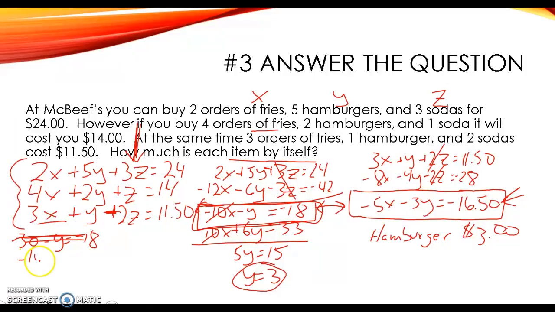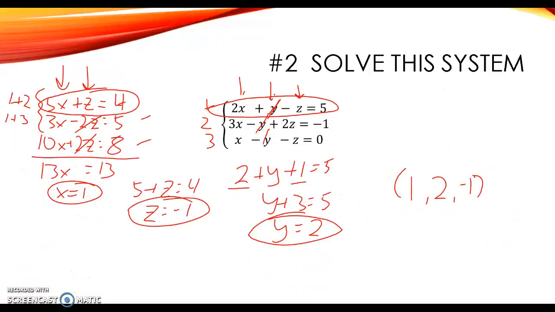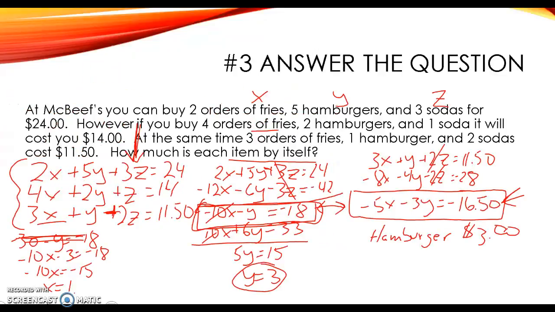So I'll have a negative 10x minus y, which is minus 3, equals negative 18. And if I were to add 3 to both sides, I'd have negative 10x is equal to negative 15. If I divide by negative 10, I'm going to have x is 1.5. Okay, so that means that the fries are $1.50.